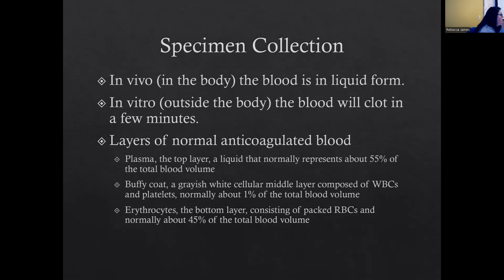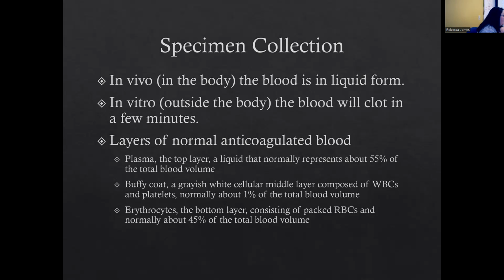So in your blood tubes that you draw, you're either going to have an anticoagulant or not. Okay? If the tube contains an anticoagulant, when you spin the blood down, this portion at the top will be called plasma.